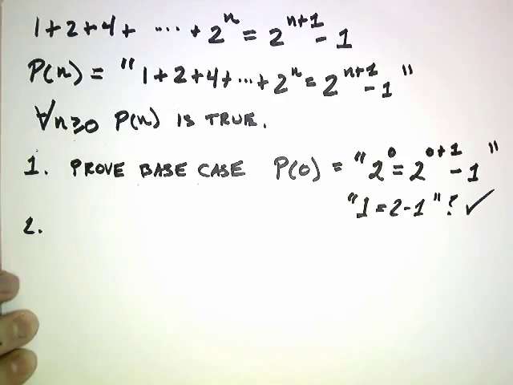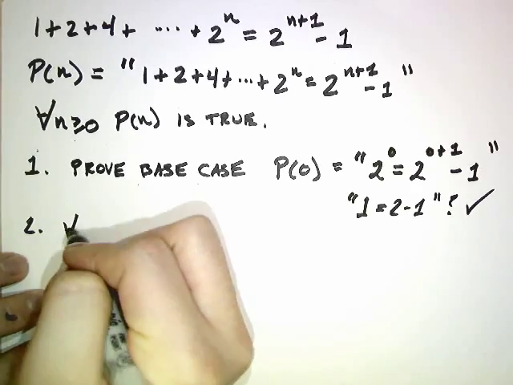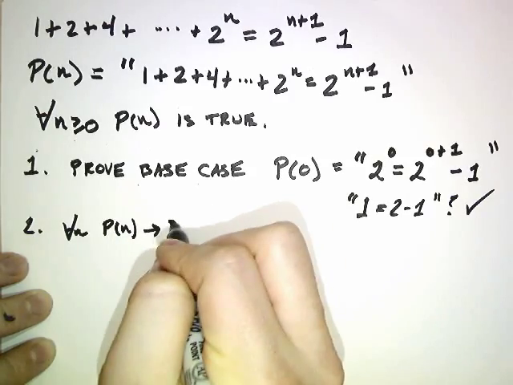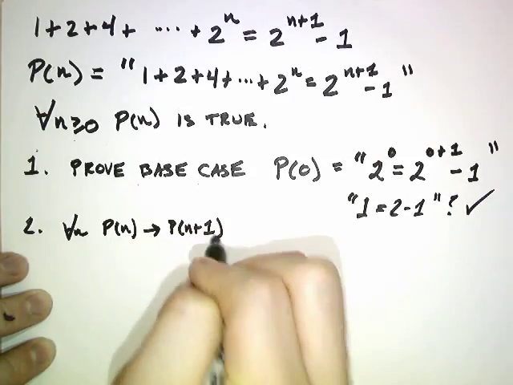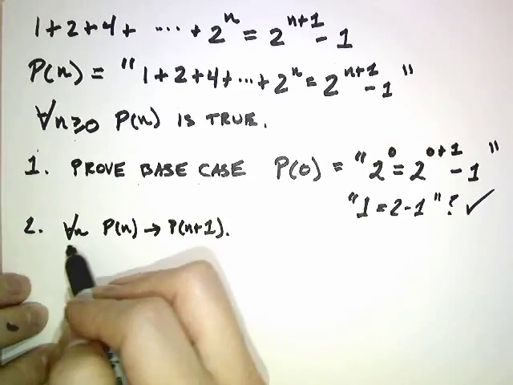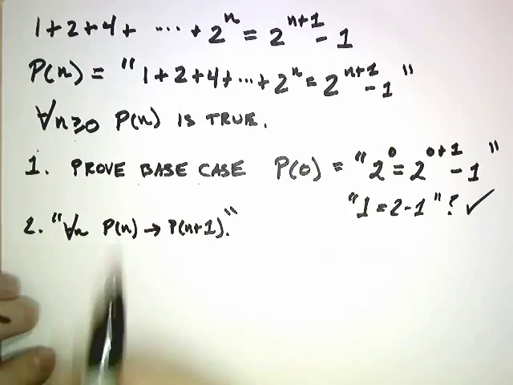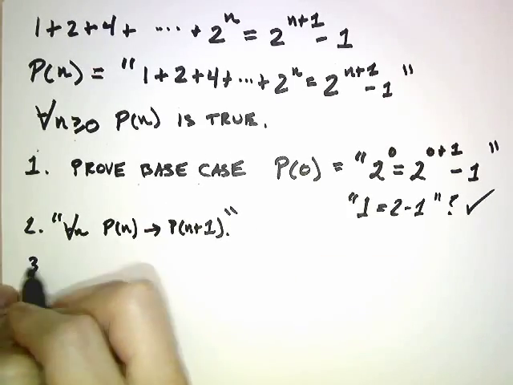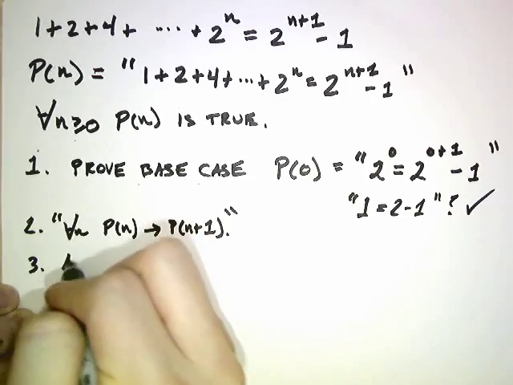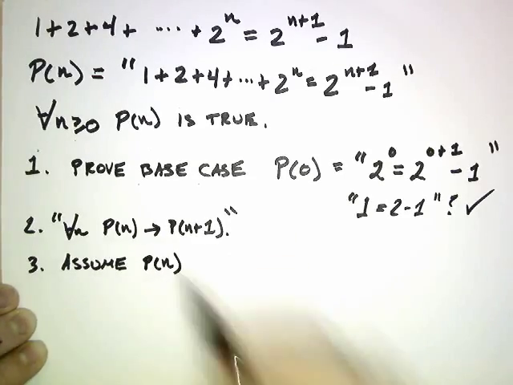Now comes usually the more interesting part in any proof by induction. We want to prove that for all n, P(n) implies P(n+1). And then we'll be done. So this is the statement we'd like to prove. If we're proving an implication, our first step is to assume P(n) is true.